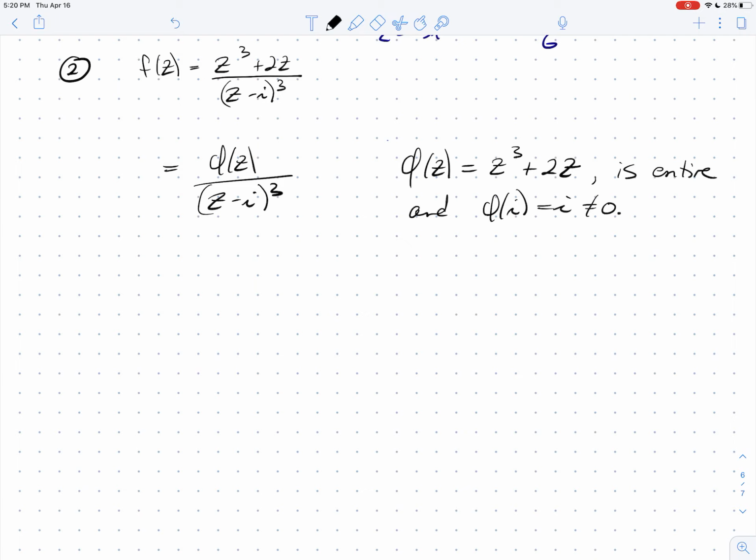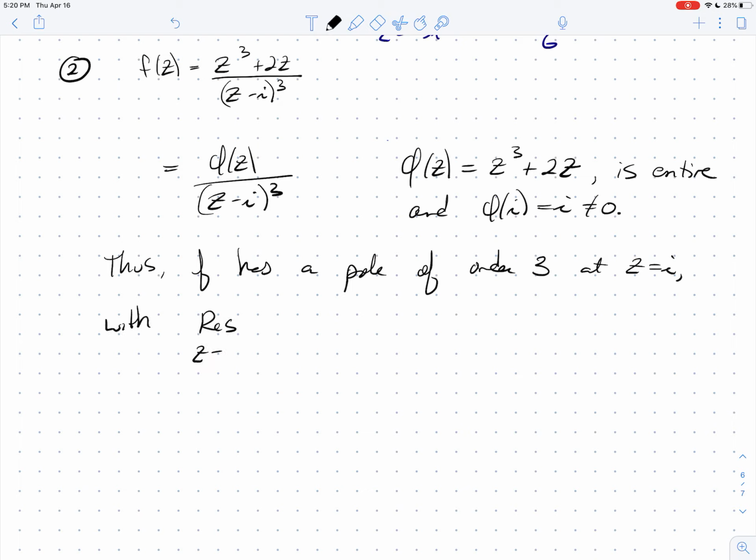And so we can go ahead and say, thus f has a pole of order 3 at z equals i, and we'd like to compute the residue at i. The residue at z equals i of f is going to be equal to the second derivative of phi evaluated at i, divided by 2 factorial.